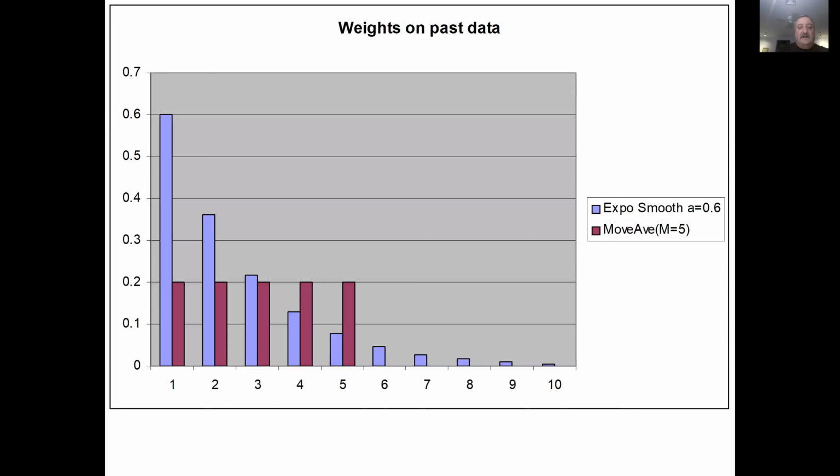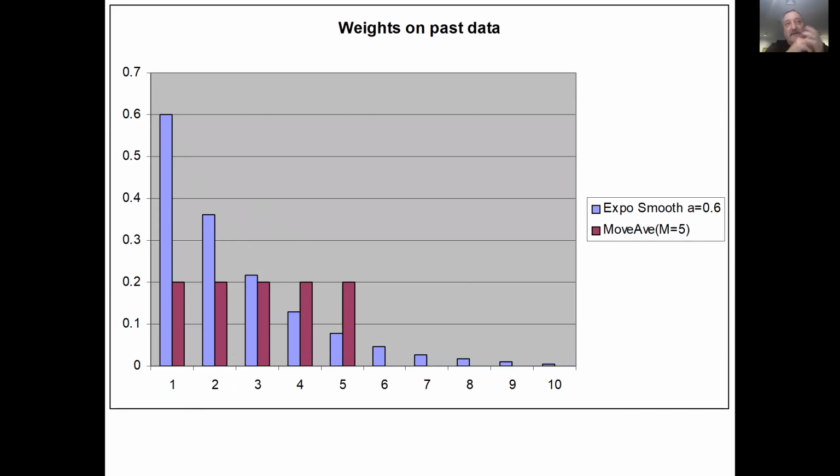So the way I look at it is if you look at how past data is weighted in, say, a moving average and exponential smoothing, this would be a 5-period moving average where the last 5 data points we give an equal weight to, and then any data points previous to that get 0 weight. Whereas exponential smoothing weights past data in a fashion that decays geometrically.